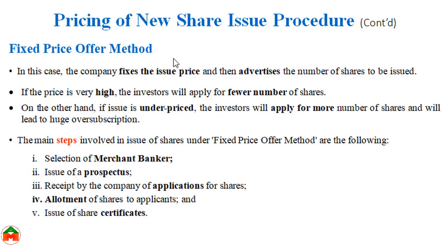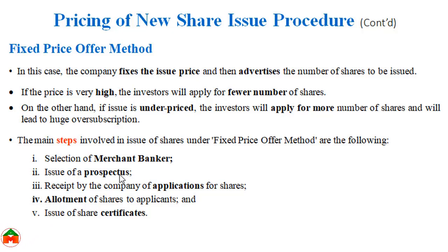For issuing the fixed price share, the company can follow the following steps. In the initial stage, the company should select a merchant banker as an underwriter. This merchant banker will get a commission for processing the collection of application money from the potential investors, and the company should also issue a prospectus.